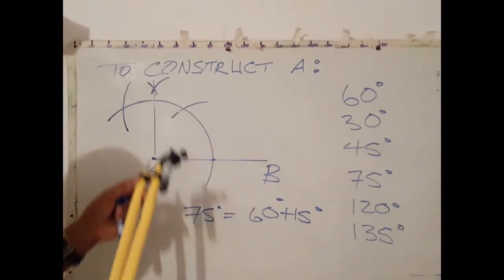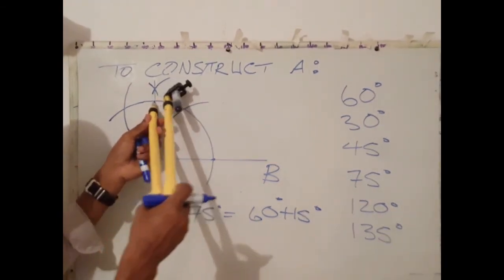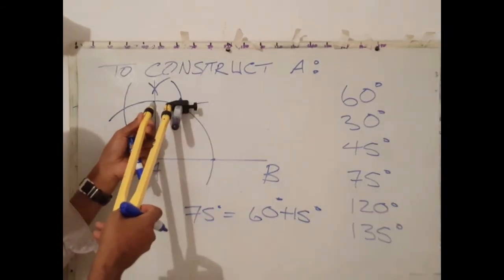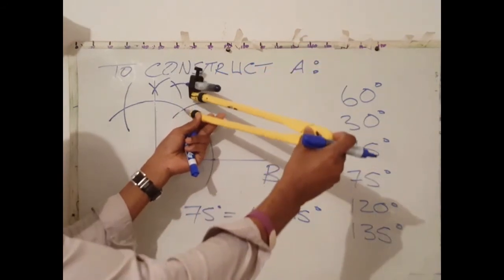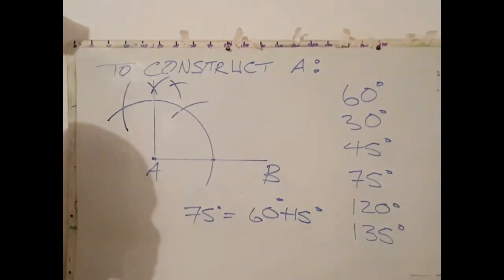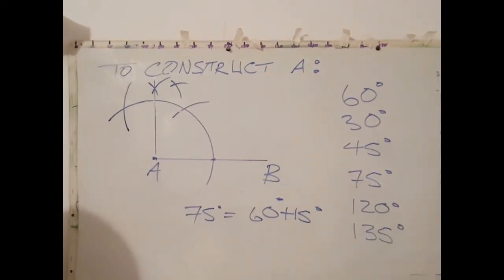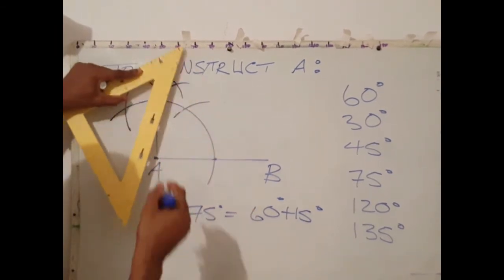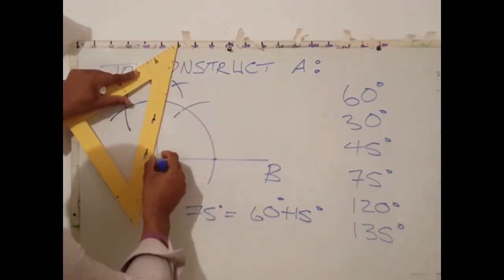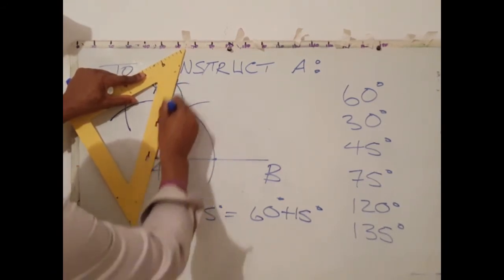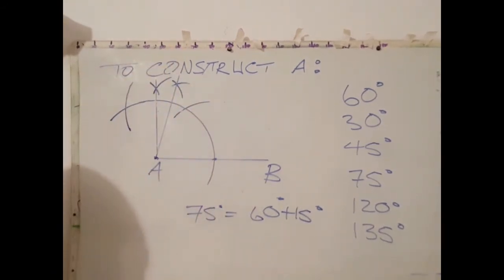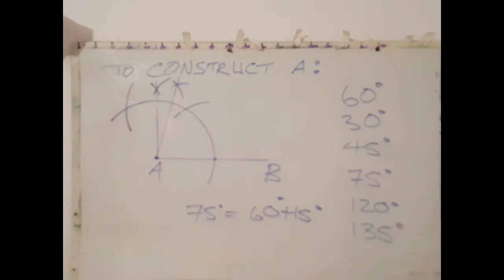To do that, again, open my compass to a suitable radius, scribe my first arc, here as center, scribe arc number 2. Then draw my line from here. That's my 75-degree angle.